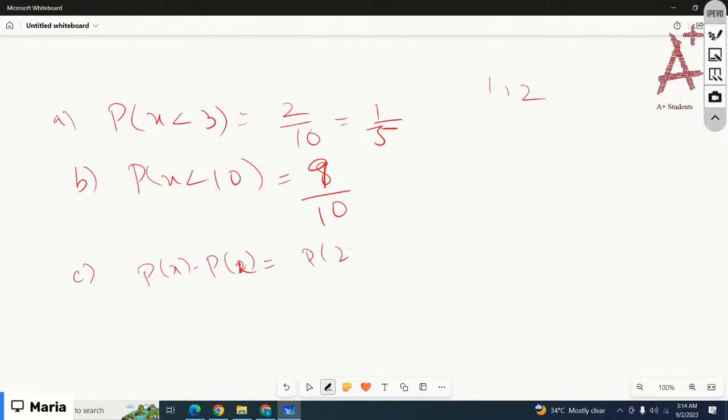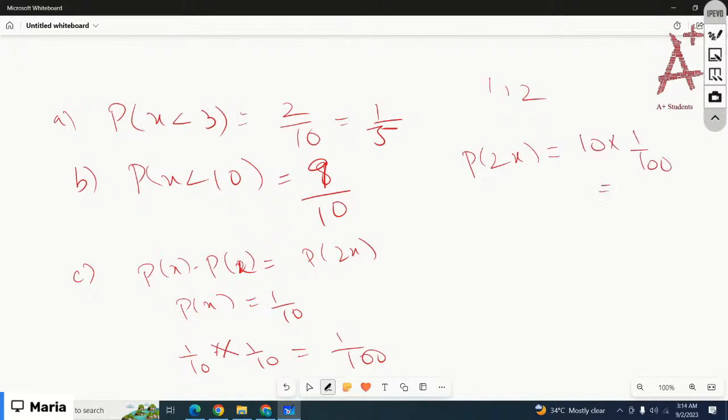The probability of x is 1 over 10, so it would be 1 over 10 times 1 over 10, that equals 1 over 100. You have 10 cards, so the probability of a tie is 10 times 1 over 100. That would be 1 over 10.